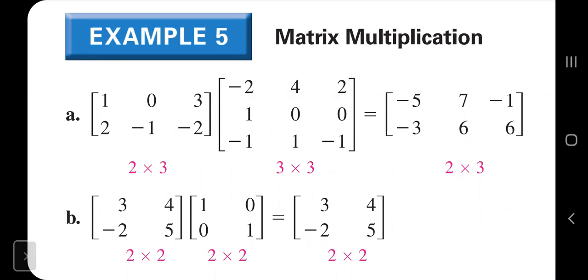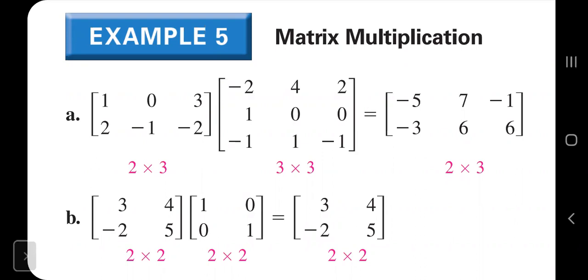Example B is kind of interesting. I have matrix A times matrix B, and I get the final answer. Notice the final answer is actually the same as the original matrix A. That's kind of interesting. I don't want to give too much away, but if you look at matrix B, it's just ones down the diagonal and everything else is zeros.